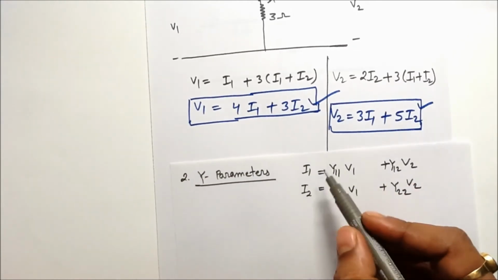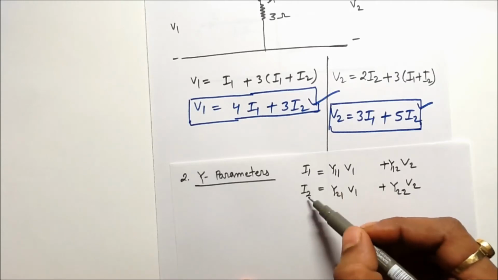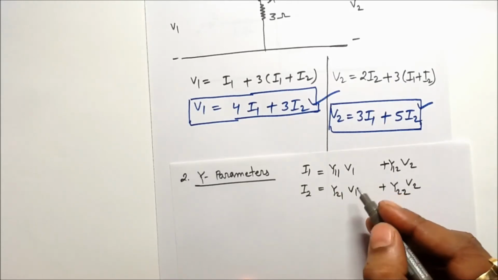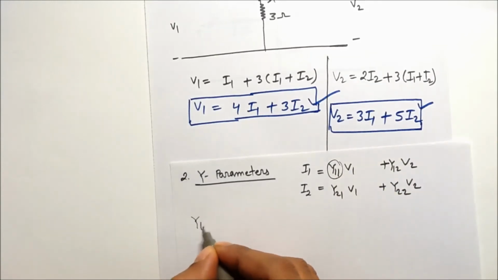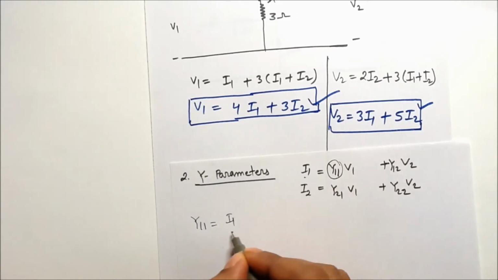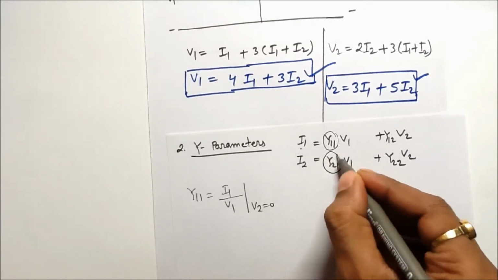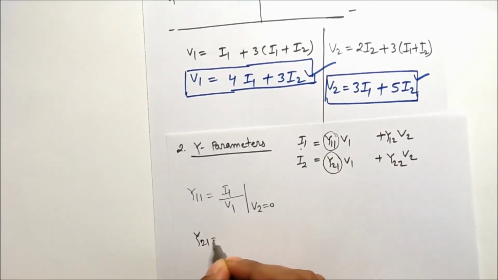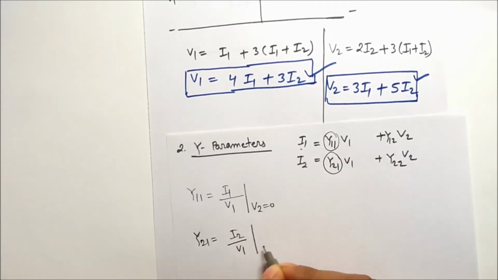The equations related with the Y parameters are I1, I2 as a function of V1, V2. Y11 is defined in this way. Y11 equals I1 upon V1 when V2 equals 0, and Y21 is equal to I2 upon V1 when V2 equals 0.